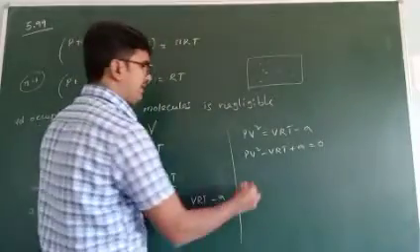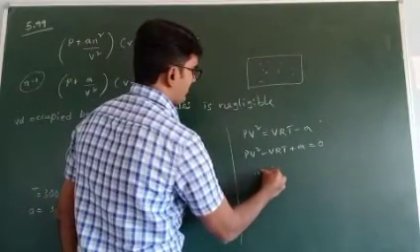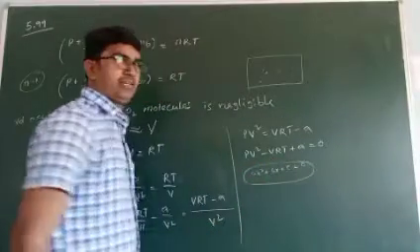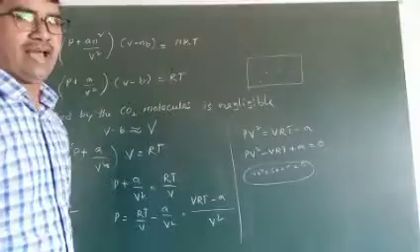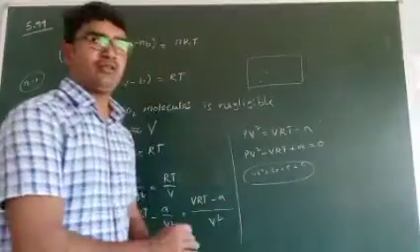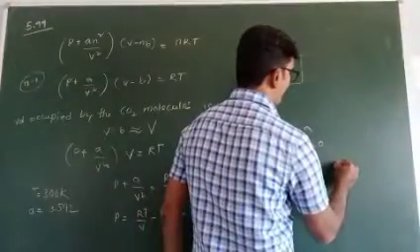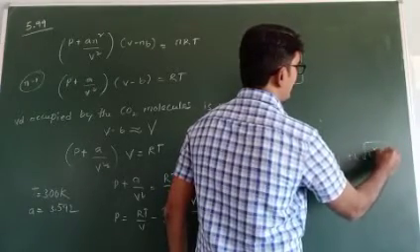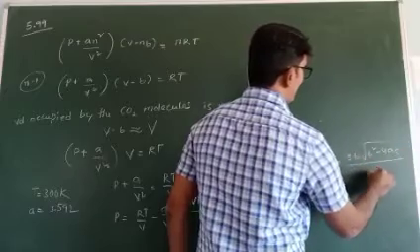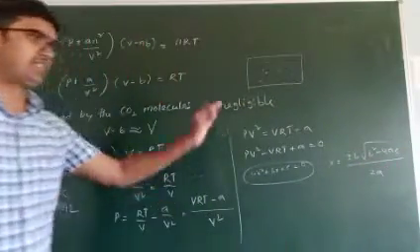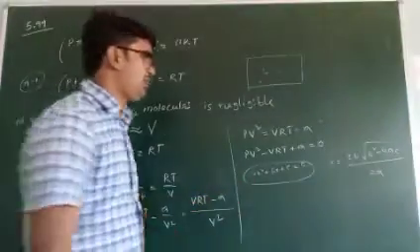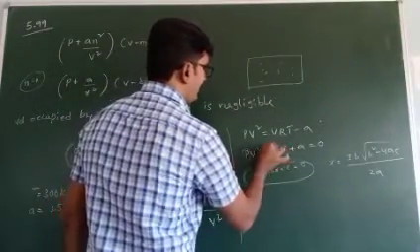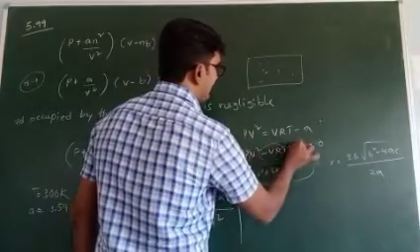This looks like a x square plus b x plus c equal to 0. We know that for this type of equation, x is equal to minus b plus or minus root over b square minus 4ac, by 2a. Applying that formula, here a is P, b is minus VRT, c is a.